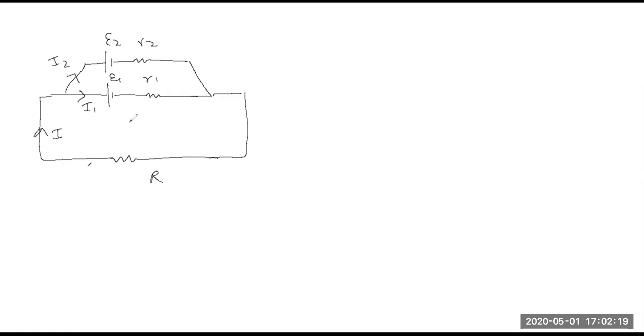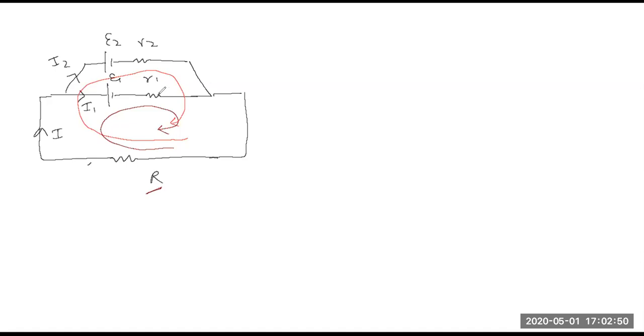Now, I'll consider 2 loops. One loop which I'll take will be this. This will be my one loop. And the other loop which I'll consider will be a loop something like this. So what I'm doing basically is that I'm including this resistance with both the branches, right? That's what I'm doing.